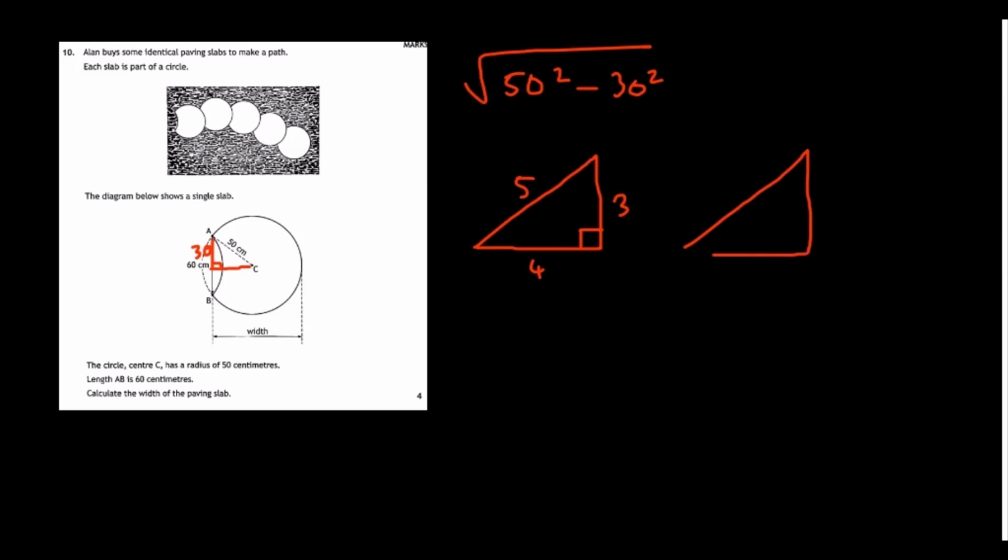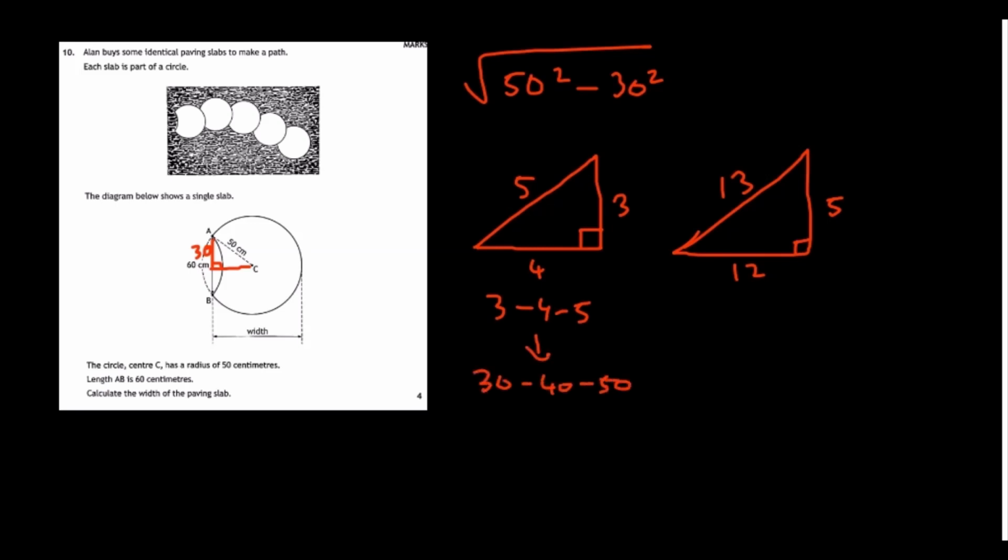Another one is 5, 12, 13. And there's other ones as well. So if you just memorized these two, so assuming you knew that 3, 4, 5 was a Pythagorean triple, you can just scale it up by a factor of 10. So that would be 30, 40, 50.